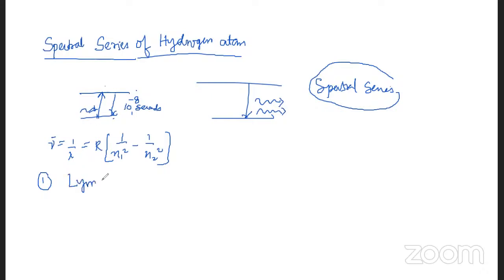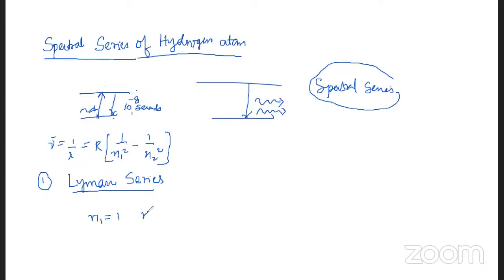This series consists of all the wavelengths which are emitted when an electron jumps from an outer orbit to the first orbit. The first orbit means N1 is equal to 1.